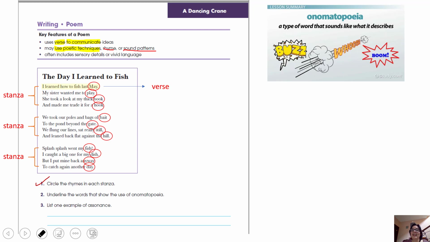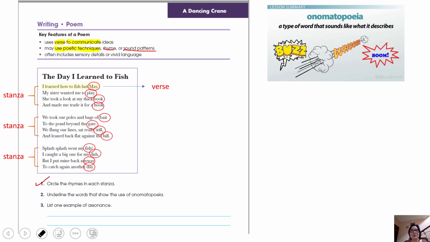So, onomatopoeia is when you make the sound of what you are describing. For example, if you say my mom listened to the cell phone ringing, ring, ring, ring, and you make the sound, or knock, knock, knock, for knocking the door.